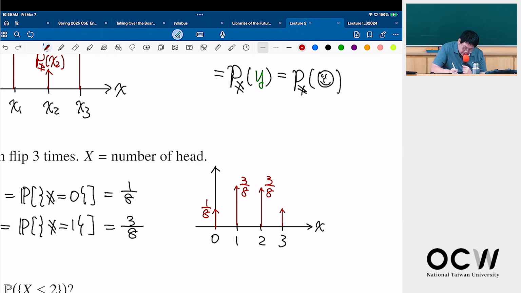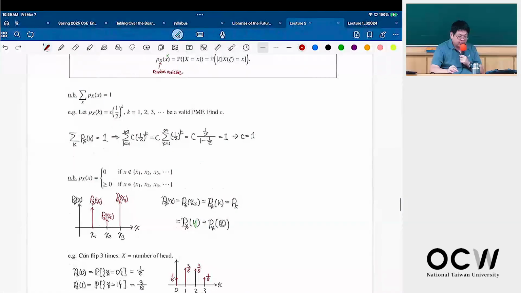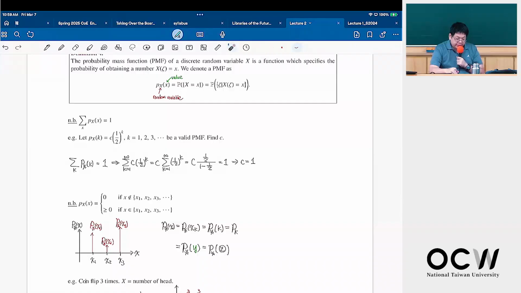And getting 3 heads will be 1/8. So from the definition here, the PMF, the probability mass function, is the probability that your random variable X equals that specific value x.